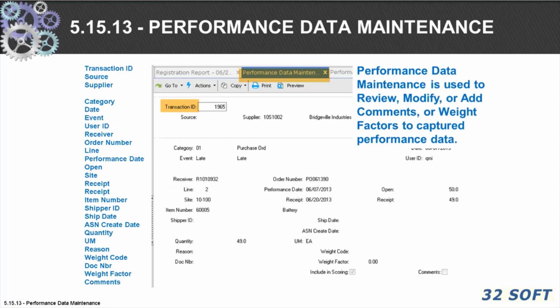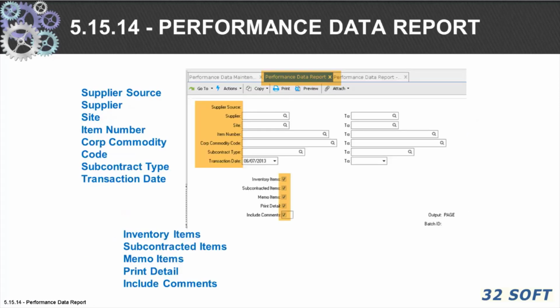5.15.13 Performance Data Management is used to review, modify, and add comments or weight factors to captured data performance. Once you identify the transaction ID, source, and supplier, you can modify any of these data elements for data performance.